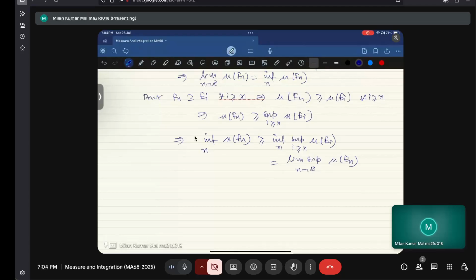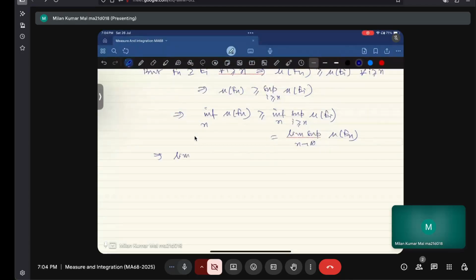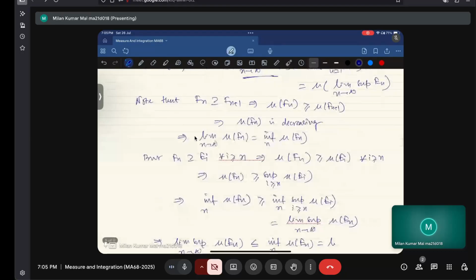So that implies the limit supremum as n tends to infinity of mu of En is less than or equal to the infimum over n of mu of Fn, which is equal to the limit as n tends to infinity of Fn that I have written, I think.